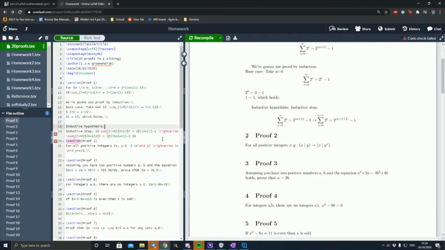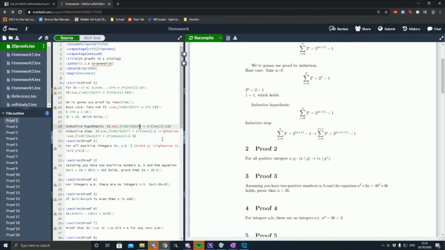So then we can say the inductive hypothesis is that this thing holds, and then we can say. Don't you have to change it to K? Don't you have to make it K, not N?